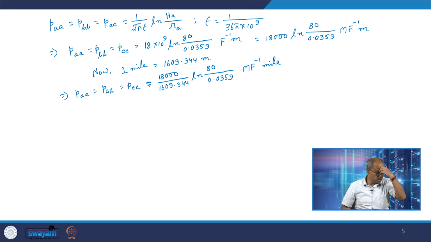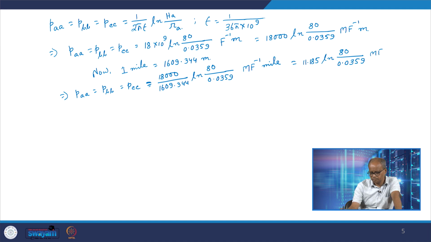So that is the case. So now if we calculate this, it comes out to be 11.185 log 80 by 0.0359 into mega farad inverse mile.